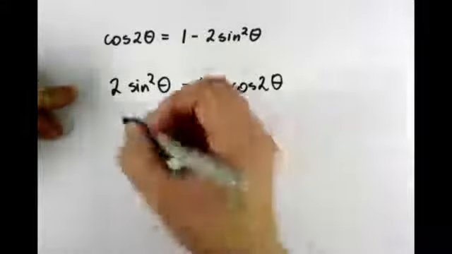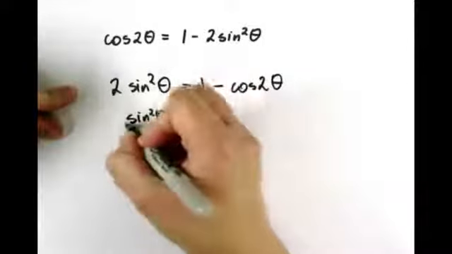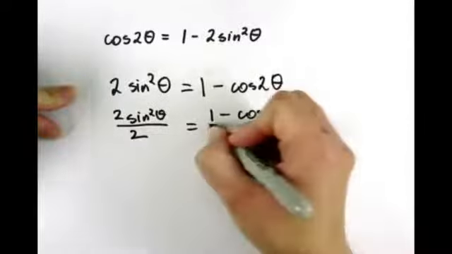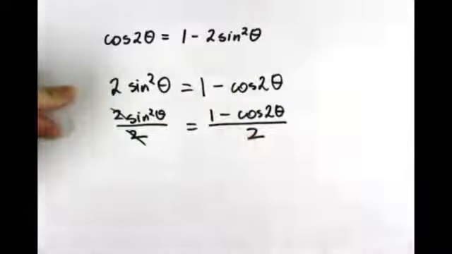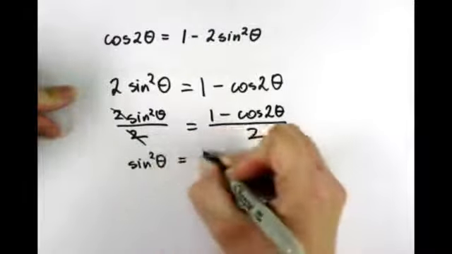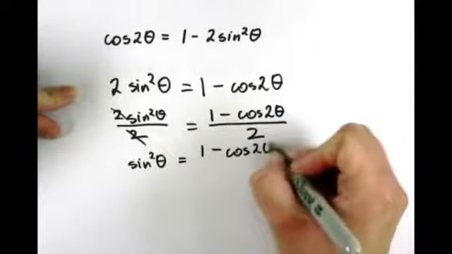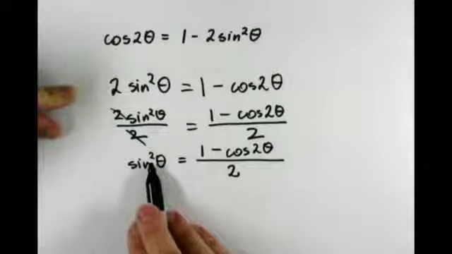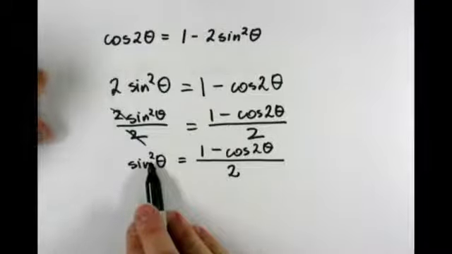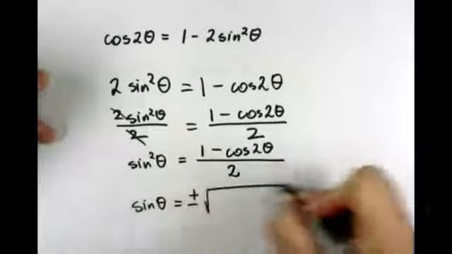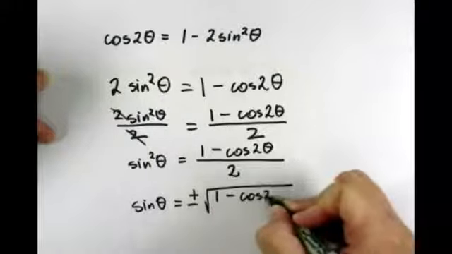So I have sine square theta is equal to 1 minus cos 2 theta over 2. This 2 and this 2 cancel out. And now take square root to get sine. Whenever we take square root, we need to write plus or minus. So now I have sine theta is equal to plus or minus square root of 1 minus cos 2 theta over 2.